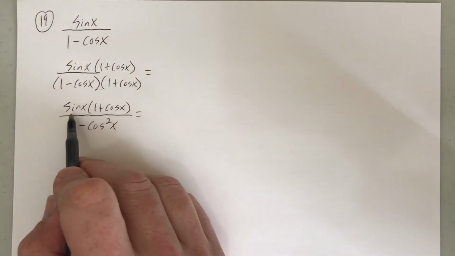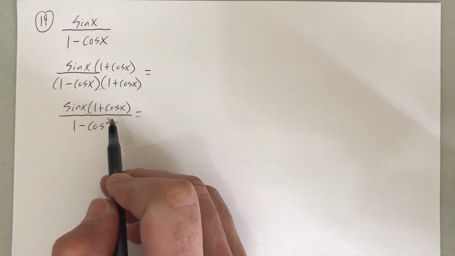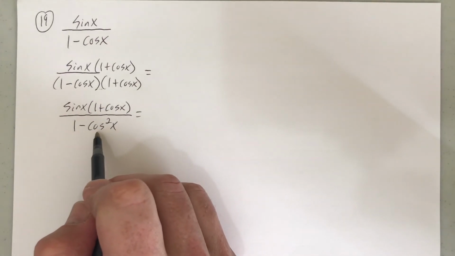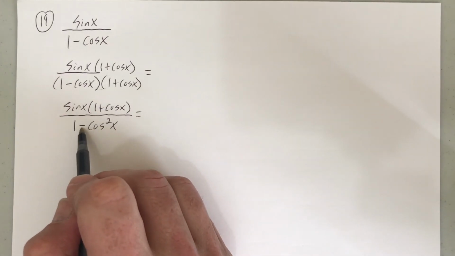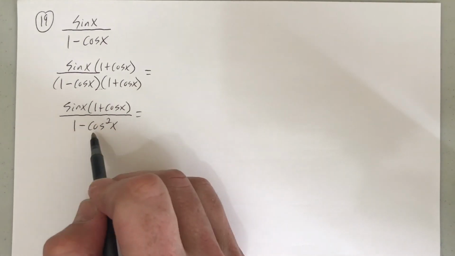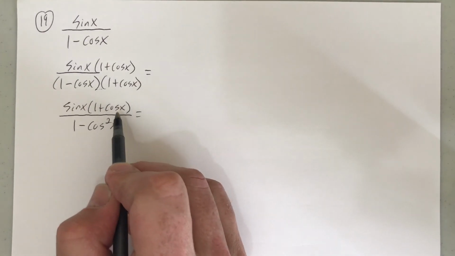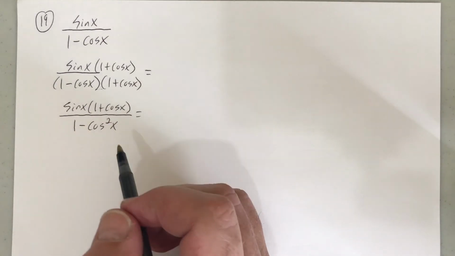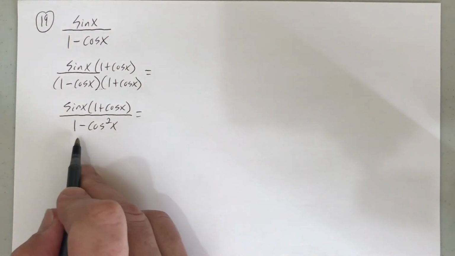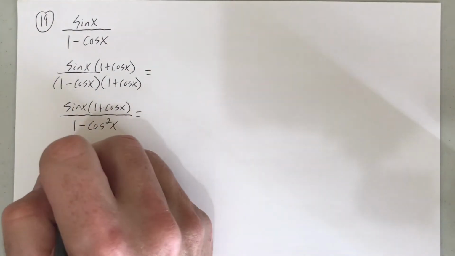Now you might be saying, well, why don't you distribute the top here? Because when I see this and I recognize when I multiply and get the difference of squares, I know that 1 minus cosine squared x is equal to sine squared x. Then I'll be able to reduce one of those, where if I distributed that, you would have to factor it back out and do an extra step. So I'm going to go ahead and replace 1 minus cosine squared x with my identity sine squared x.